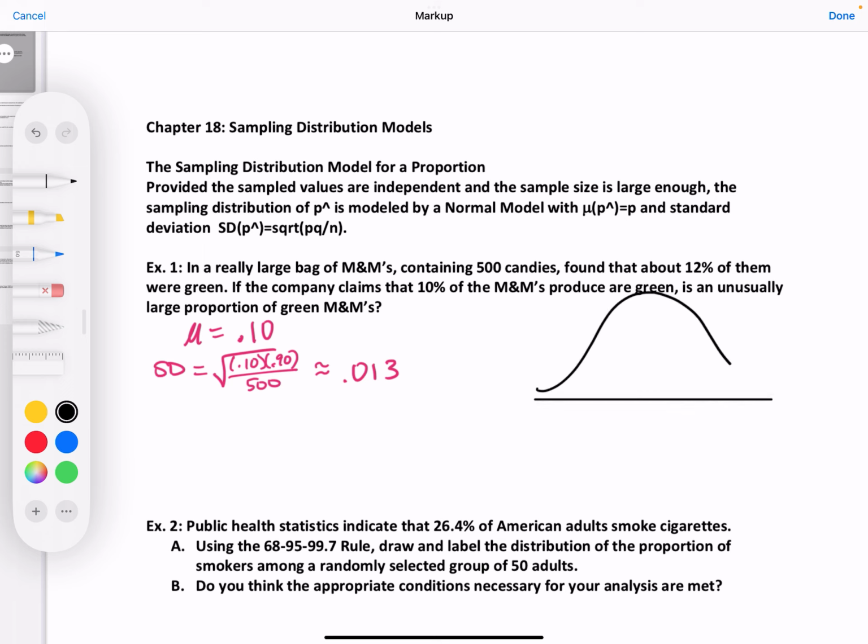So I'm going to make a curve. We have our mean of 0.10. Then I'm going to count out the standard deviations away.